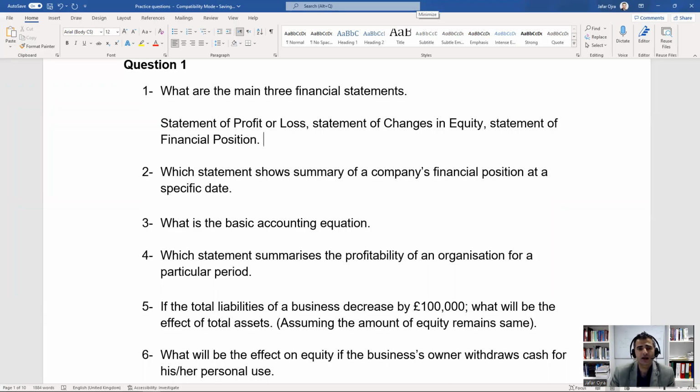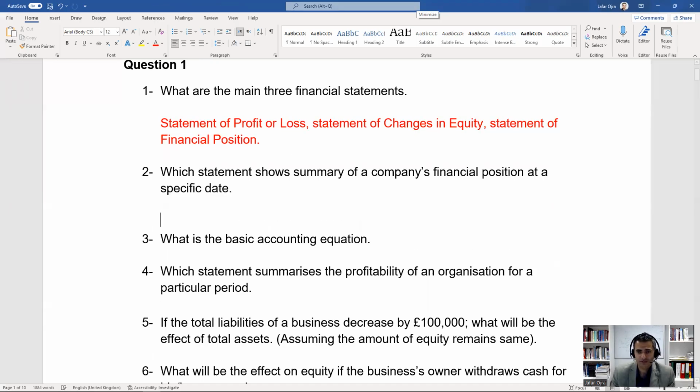Okay, these are the 3 statements available. Of course, we also have another statement, the statement of cash flow, but these are the 3 main financial statements. The statement of profit and loss measures the profitability of a business, then the statement of change in equity, and the statement of financial position.